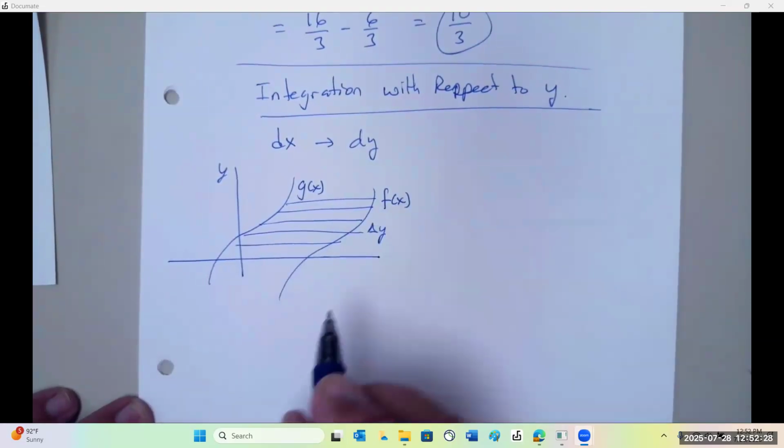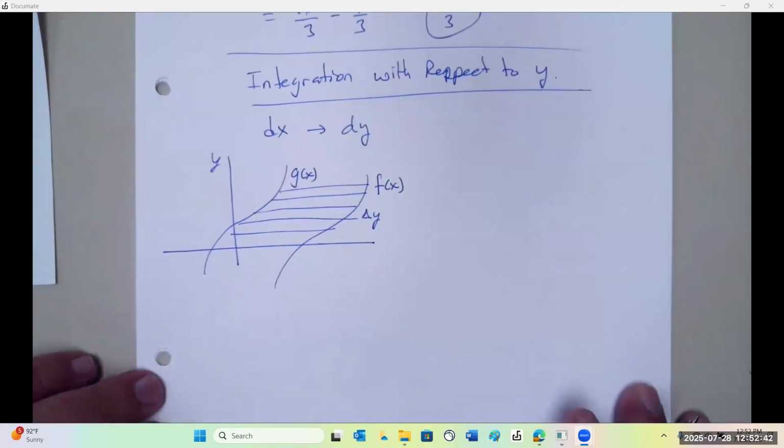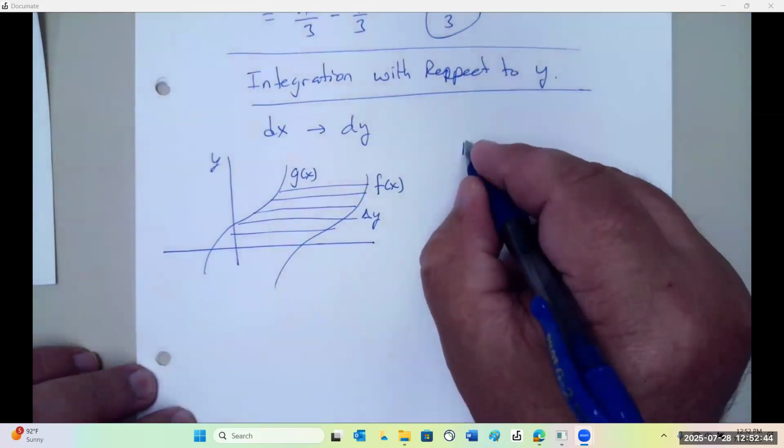These are going to be delta y's. Make sense? So now you have to think sideways. So our area is going to look like this.